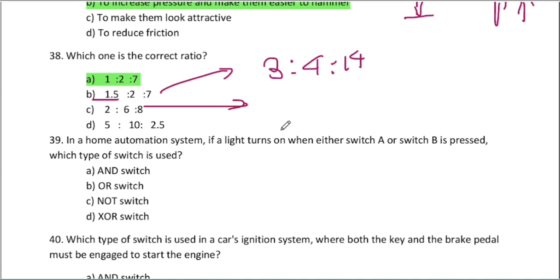In this one, you can simplify the answer by dividing by 2. 1, 3, and 4. What is this? Also, it contains some decimals, right? You have to multiply by 2. What is a ratio? A ratio is the simplest form without decimals. Answer is A, right?